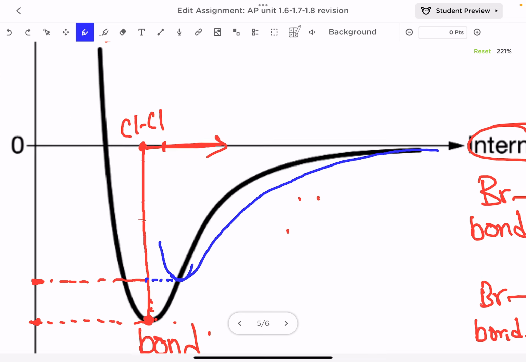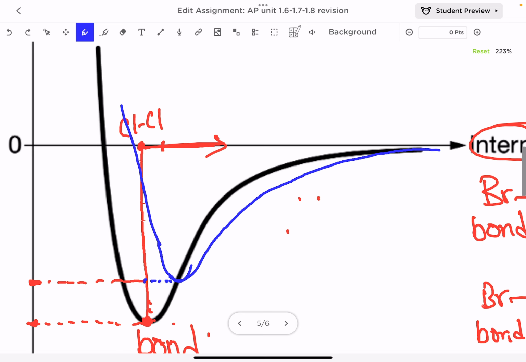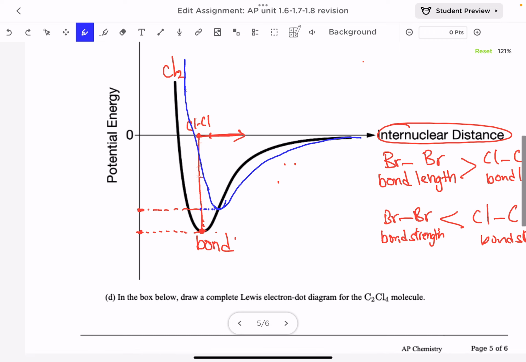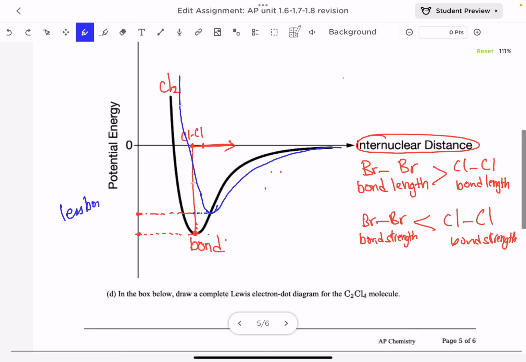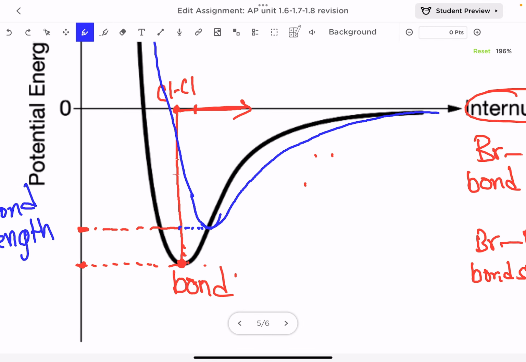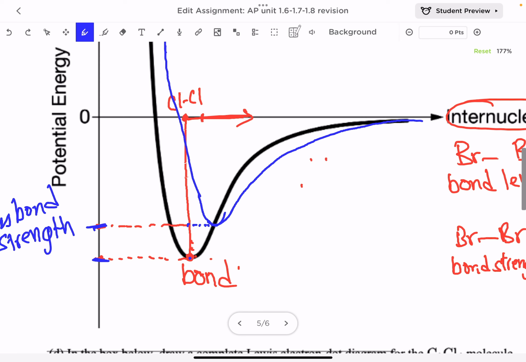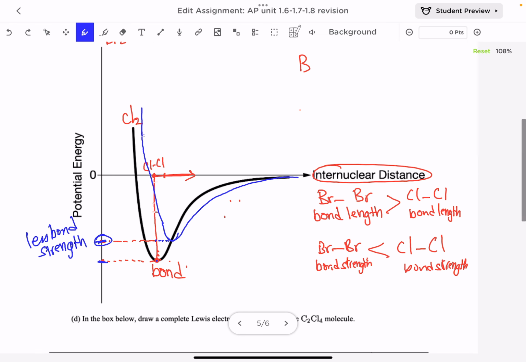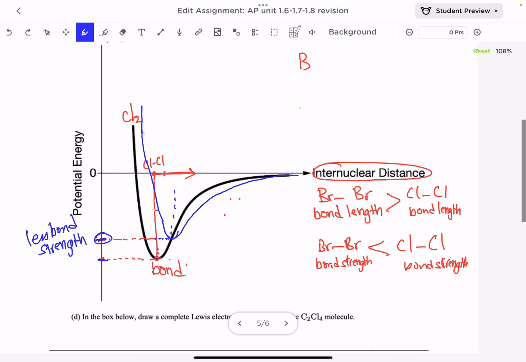Okay, two points have to be clear in this curve: it should have less bond strength, so the peak is less, so it could be here, and it should have more bond length here.